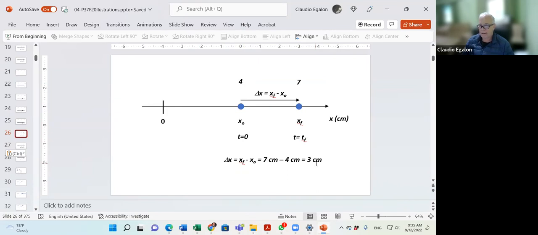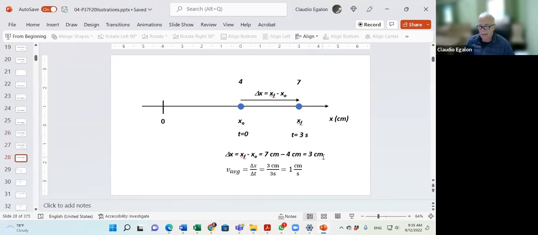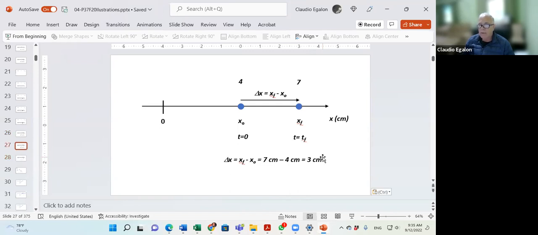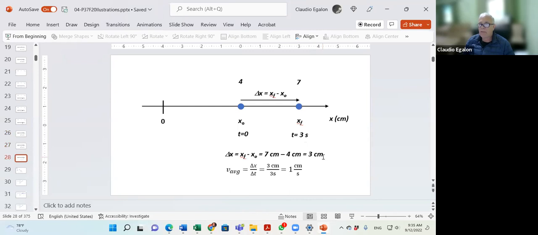Delta x is 3 centimeters. I put the final instant of time 3 seconds now. So you go ahead, do the math. What do we get for the average velocity? 1 centimeter per second. That's the simplest type of problem you're going to see. Okay, any questions?